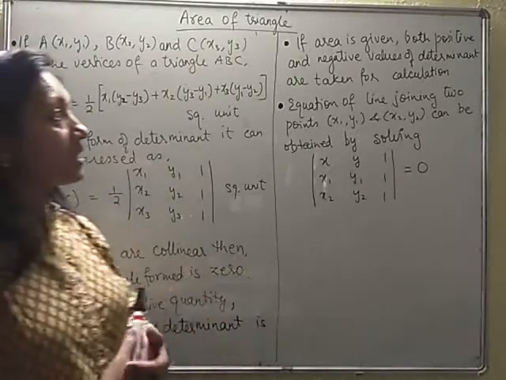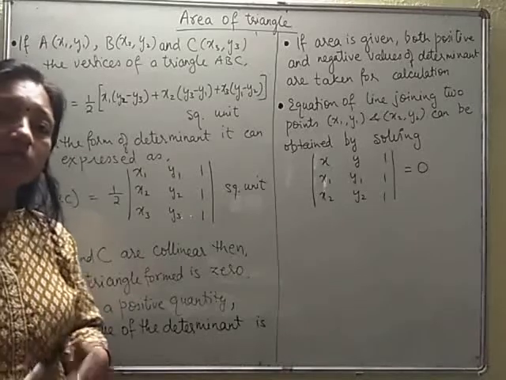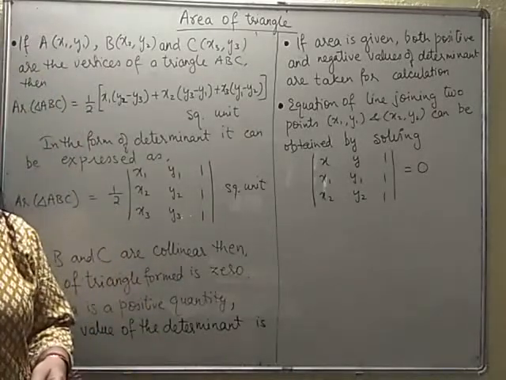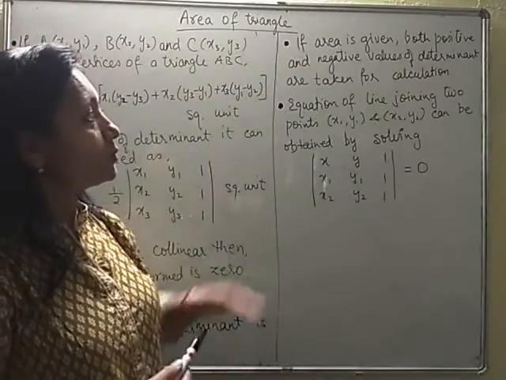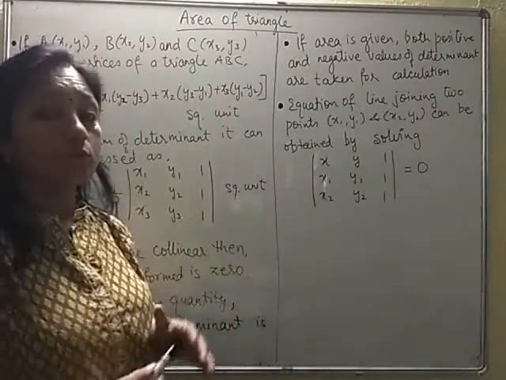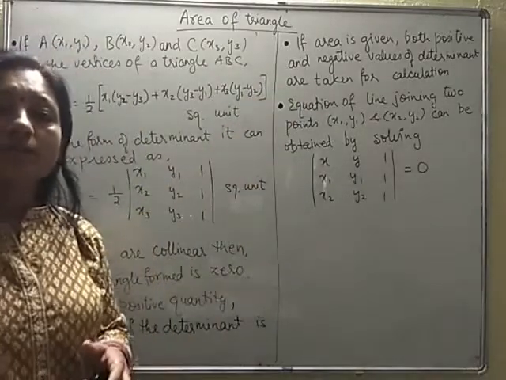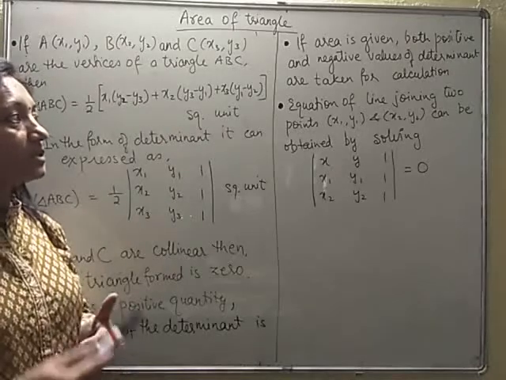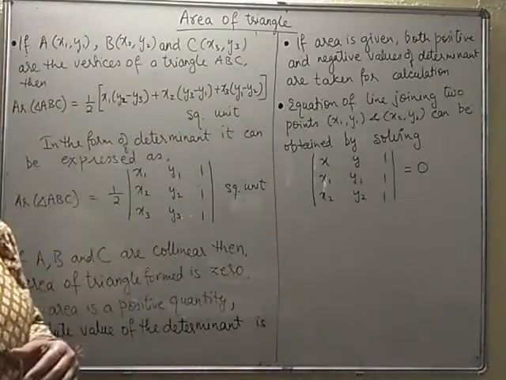So if I am saying area of triangle is 30, that doesn't mean that the determinant on solving came out to be 30 only. Maybe it was 30 or it was minus 30. So therefore, if area is given to you and you have to do some calculation using it, then for the value of determinant, you will take its positive as well as negative value. Taking both, you are going to do the calculation. We'll take an example of that type.